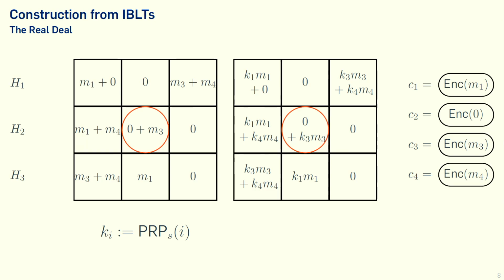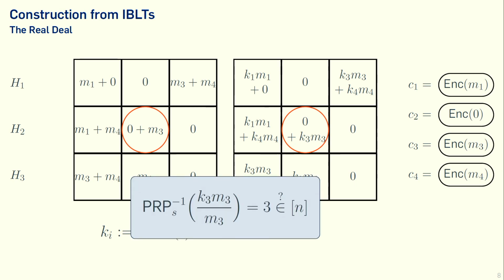How can we now tell that this cell only contains a single value? What we can do is we can take the value in the right-hand matrix, and we can divide it by the corresponding value in the left-hand matrix. If there's only a single value in this cell, what we will get is simply K3 in this specific case.